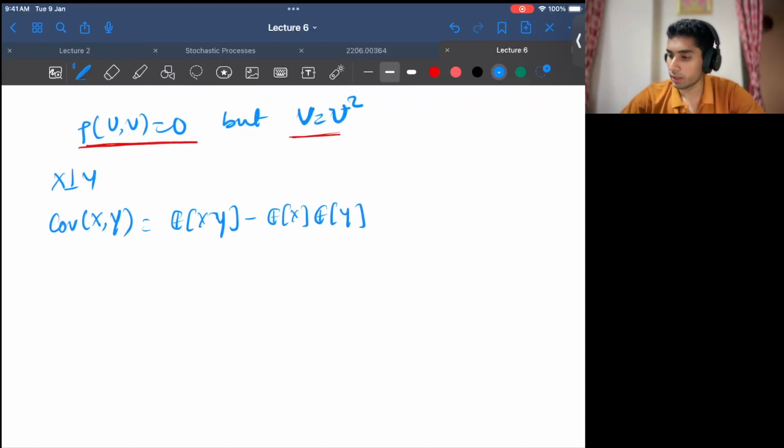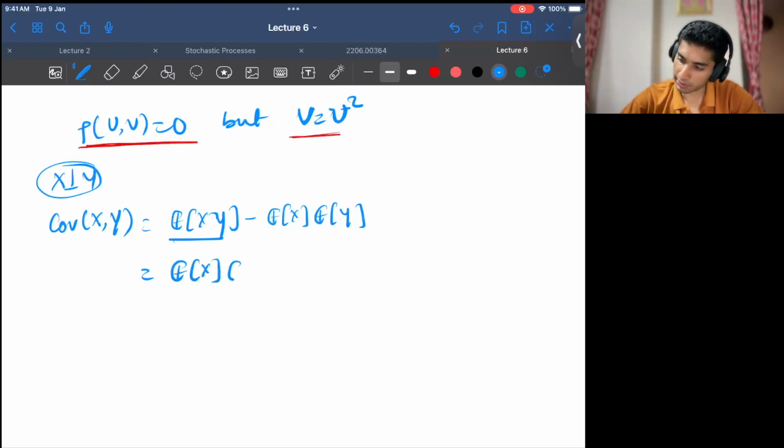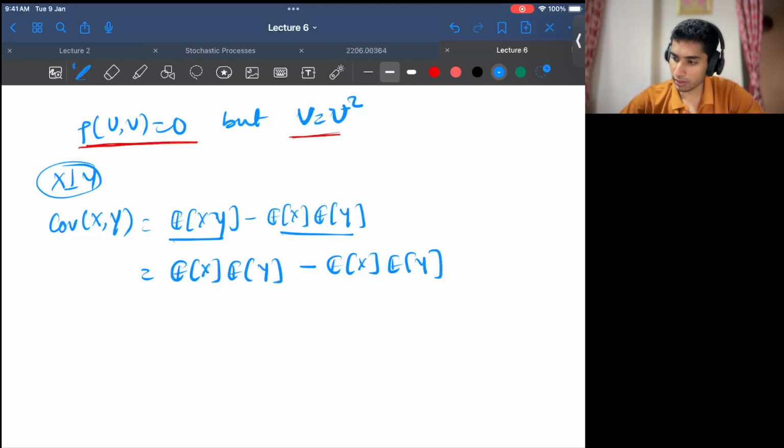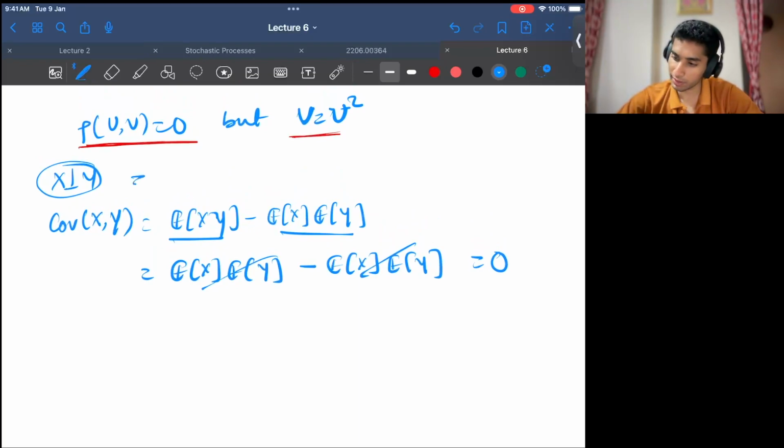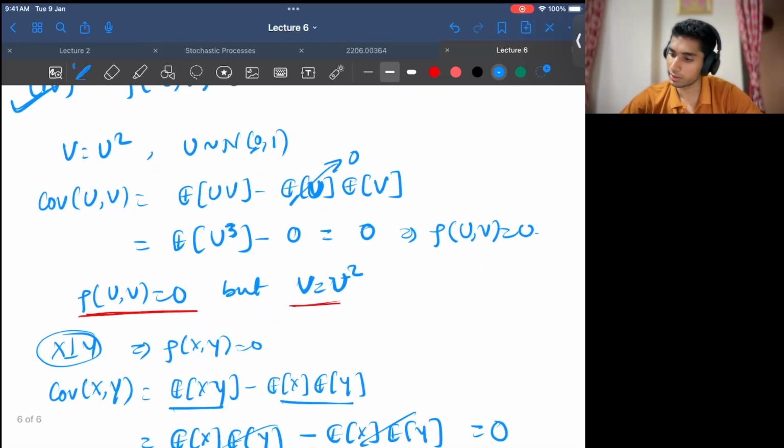Now, since x and y are independent, expected value of xy will be equal to expected value of x times expected value of y, because of independence, and minus this term, expected value of x times expected value of y. Now these two things will cancel out, and this will become 0. So this statement is correct: if x is independent of y, this implies that rho of x comma y is equal to 0.